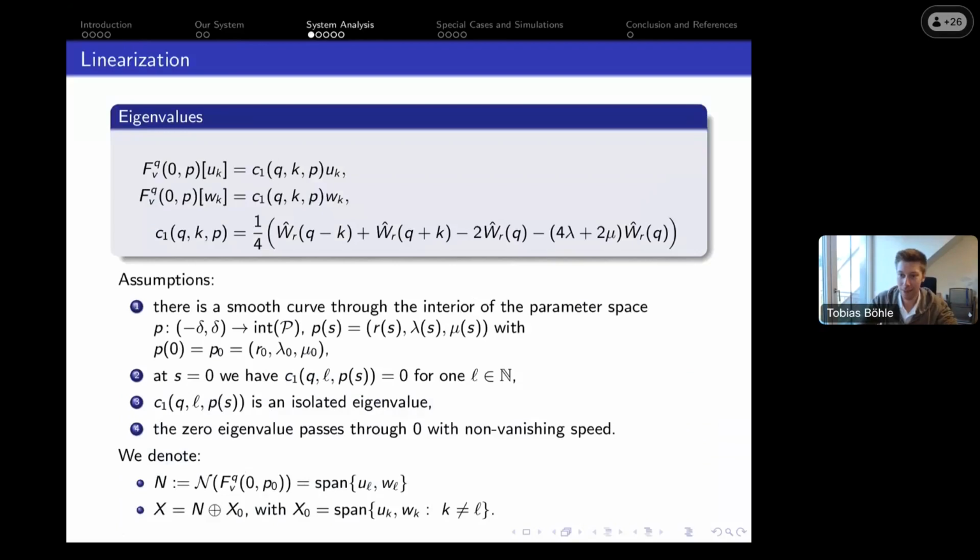To start, the eigenvalues are important for bifurcation analysis.